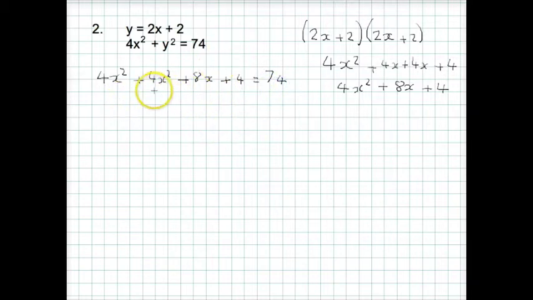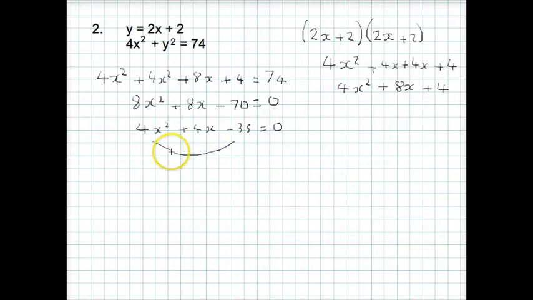Now we want to make this into a quadratic, so we group the x squareds together, which gives us 8x squared plus 8x, but let's now take the 74 over and take it away, which is minus 70 equals 0. Now if we divide this through by 2 to give us 4x squared plus 4x minus 35 equals 0, it might make it a bit easier.